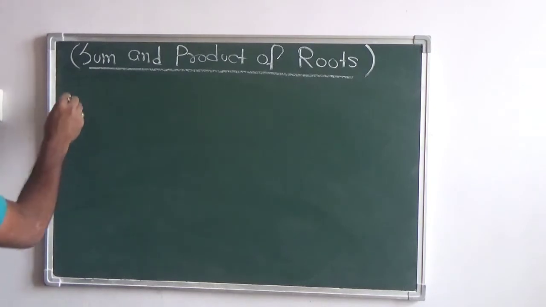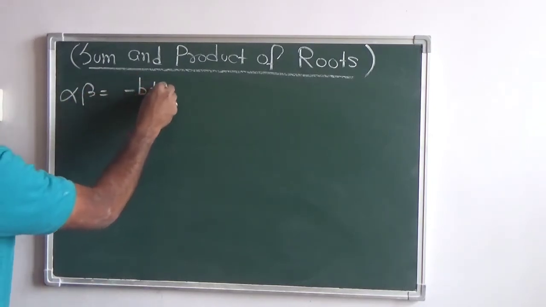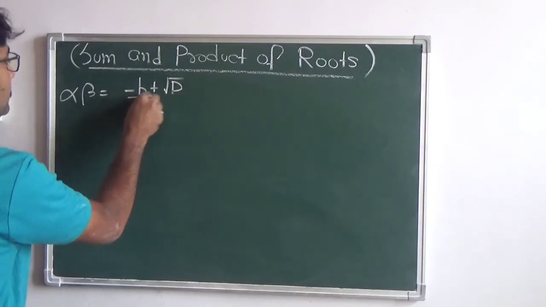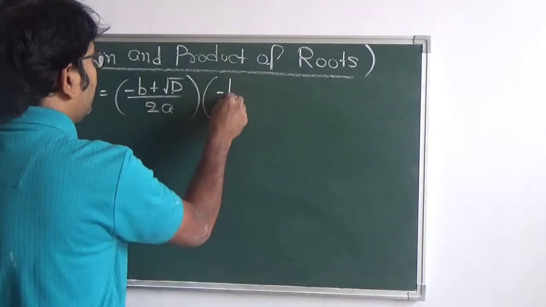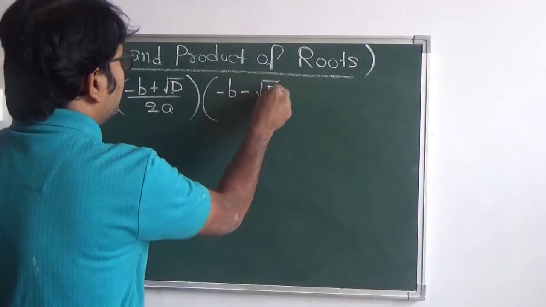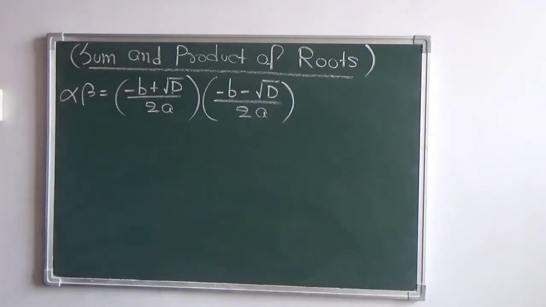So product of the roots means alpha into beta, that is minus b plus root over d by 2a into minus b minus root d by 2a. So here we can apply a square minus b square, that is a plus b into a minus b.